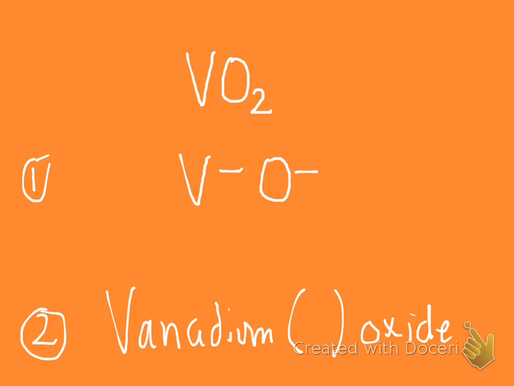And if we do the reverse crisscross, knowing vanadium will be a positive ion, oxygen will be negative, we get V2 plus 1O1 minus. Is that correct? No, because oxygen forms a 2 minus, so we know this has been simplified. We know this has got to be 2 minus. We're going to multiply everything by 2, so that's got to be 4 plus. So this is vanadium 4 oxide.